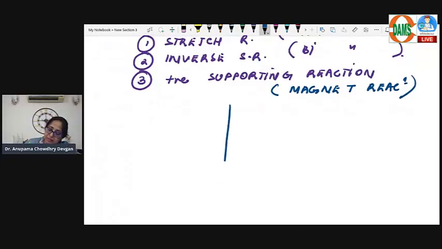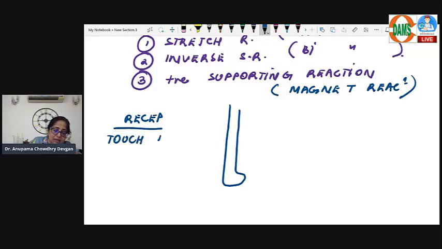Now here, what are the receptors for this positive supporting reaction? The receptors are the touch receptors on the footpad.